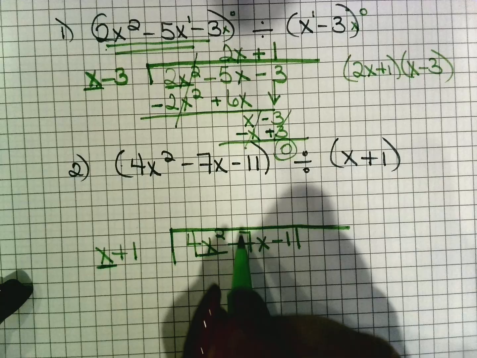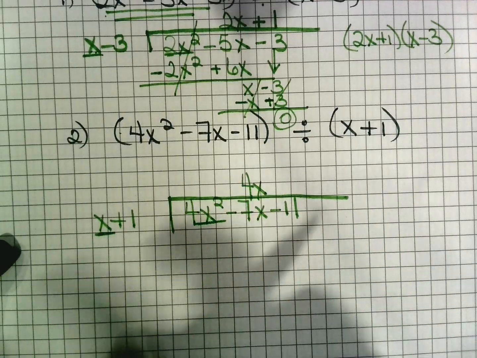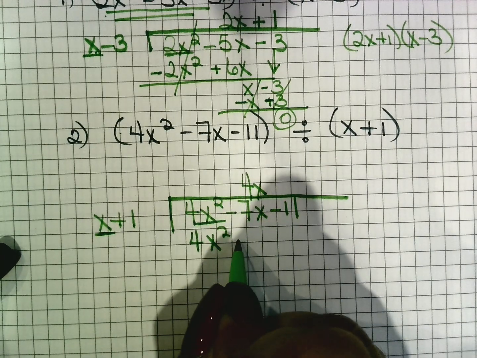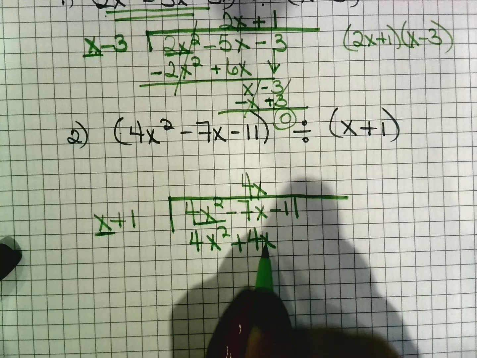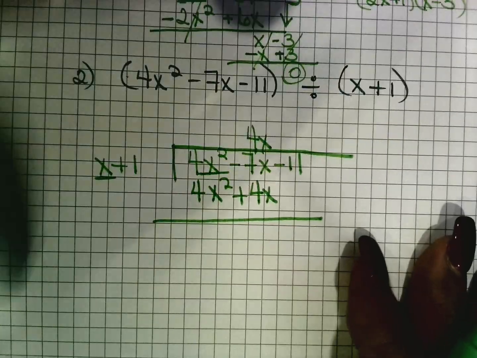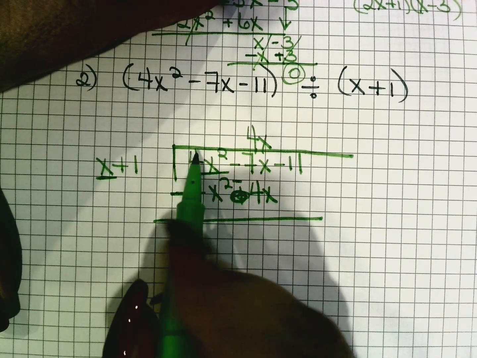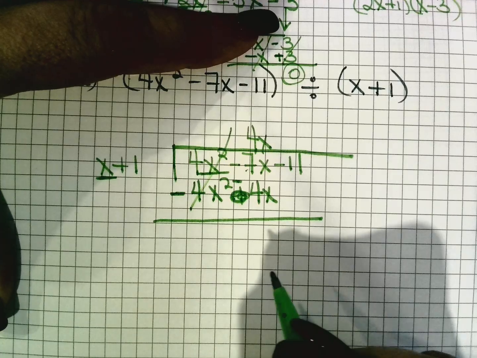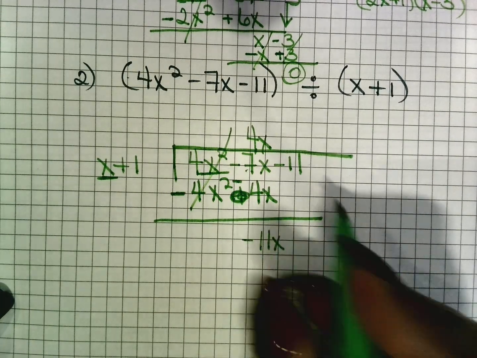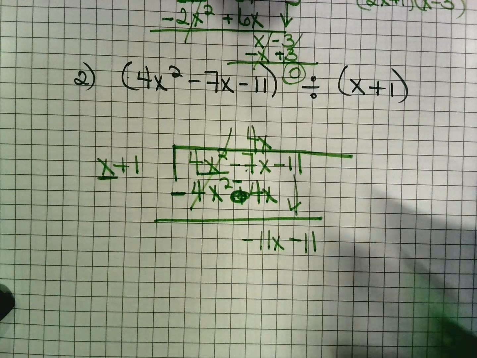So x times 4x is 4x squared, so 4x times x, that's 4x squared. 4x times 1, that's 4x. Go ahead and subtract. This becomes negative. This becomes negative. That goes to 0. Negative 7 minus 4, that's negative 11x. And bring down your minus 11.